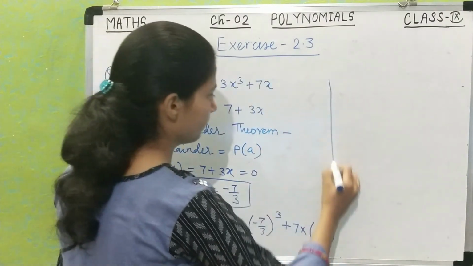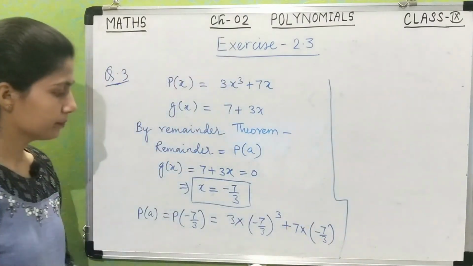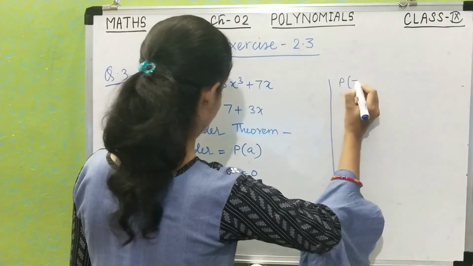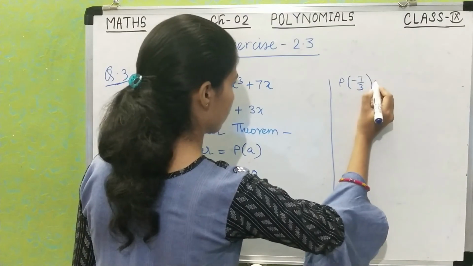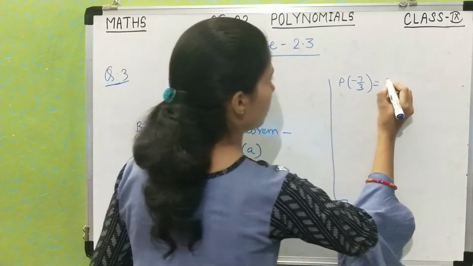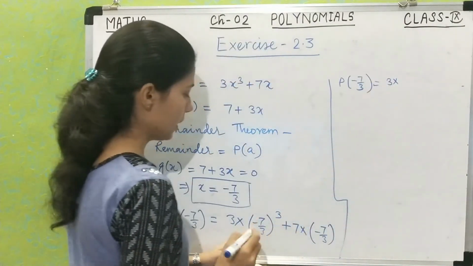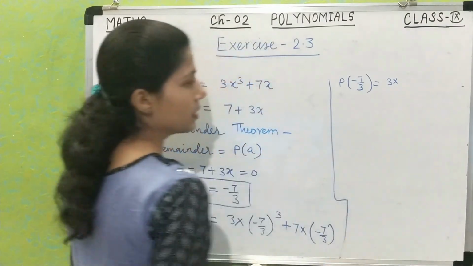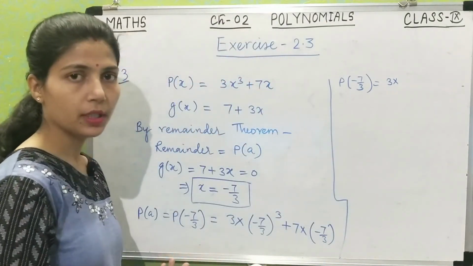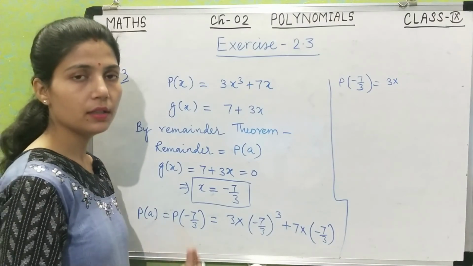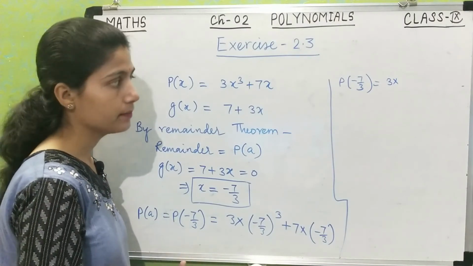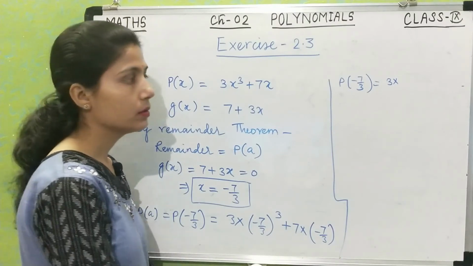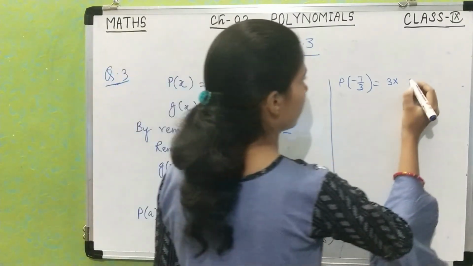Now see, 3 into the cube of minus 7 upon 3: 7 times 7 is 49, and 49 into 7 is 343.